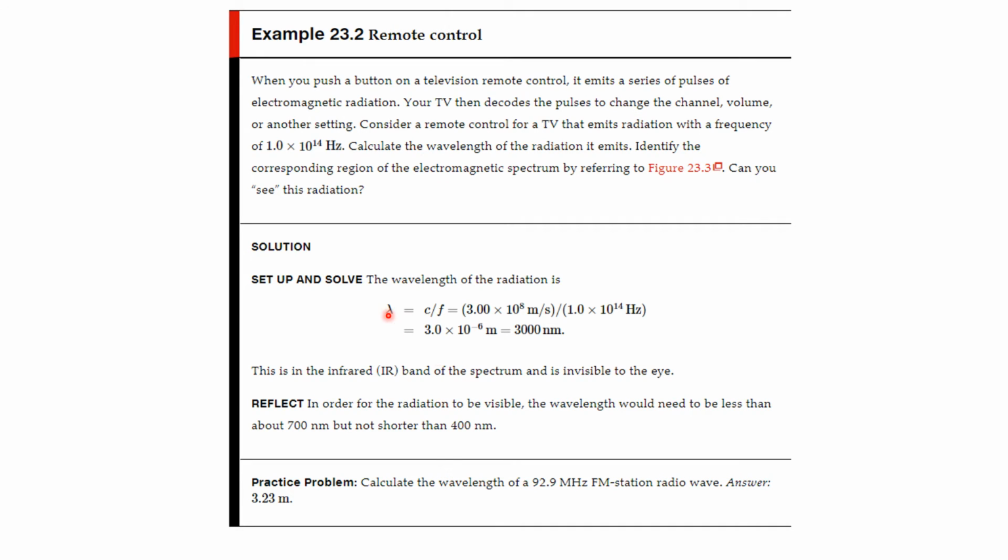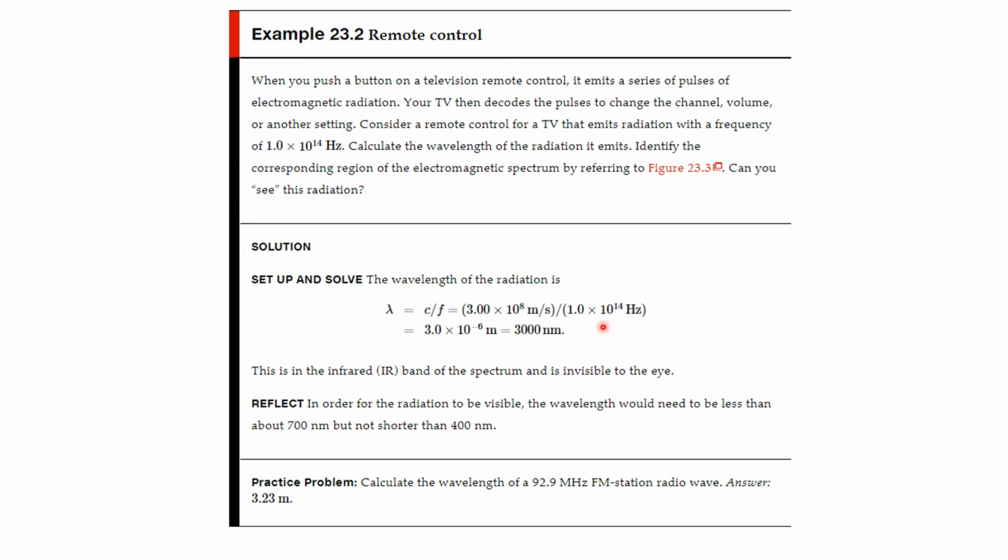Okay, well, again, as frequently is the case, lambda is equal to c over f. And again, we're talking about this happening in a vacuum, and it turns out that light travels differently in different mediums. We'll talk a little bit about that. We're just using the speed in a vacuum here as an approximation.